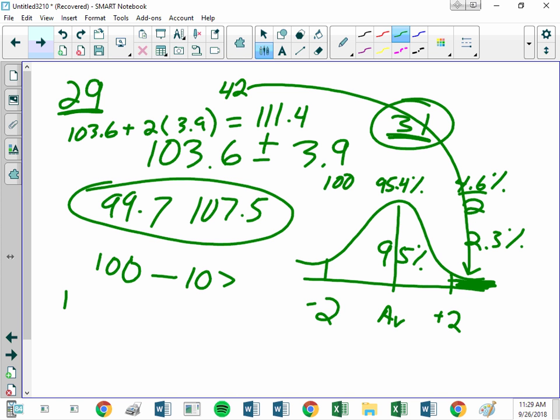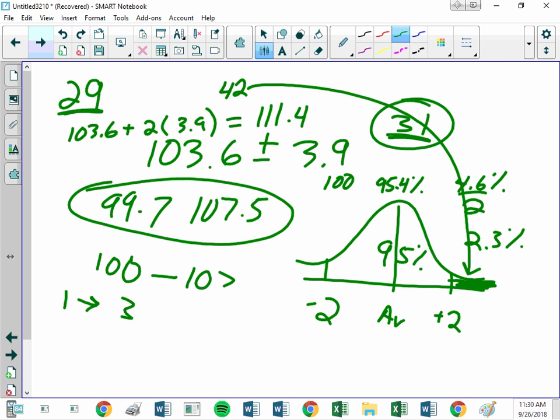How many of my scores are bigger than 111.4? 3 of them, and they're all 112s. Okay, so I expected 1, and I ended up with 3, which is pretty close. I'm not too far off.